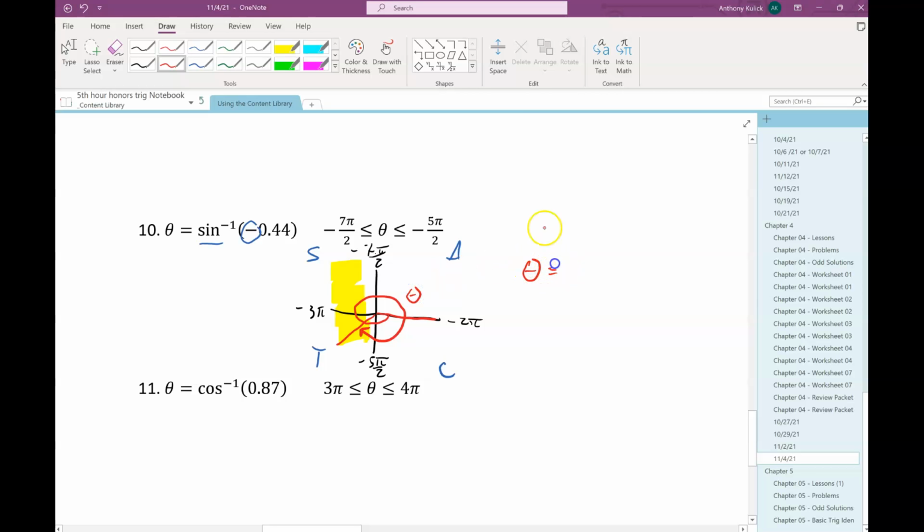So since theta is negative, and the last axis we passed was vertical, we're going to be adding alpha. And what are we adding alpha to? The end of the x-axis that makes up alpha. And then alpha is just going to be sine inverse of the absolute value of negative 0.44.